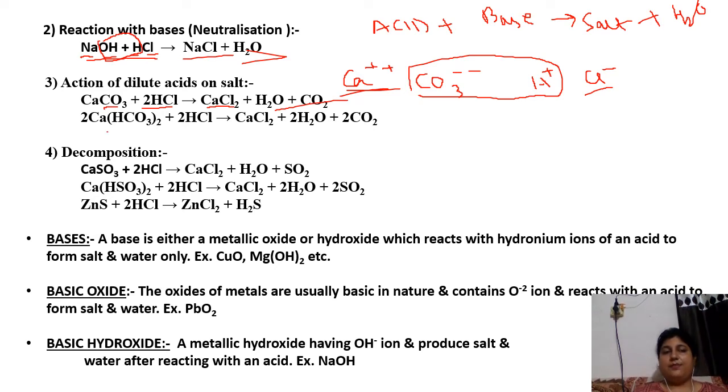If we take bicarbonate, calcium bicarbonate means Ca(HCO3) whole twice, because bicarbonate ion has minus 1 charge but calcium has the valency of 2. So what will happen when it reacts with HCl?